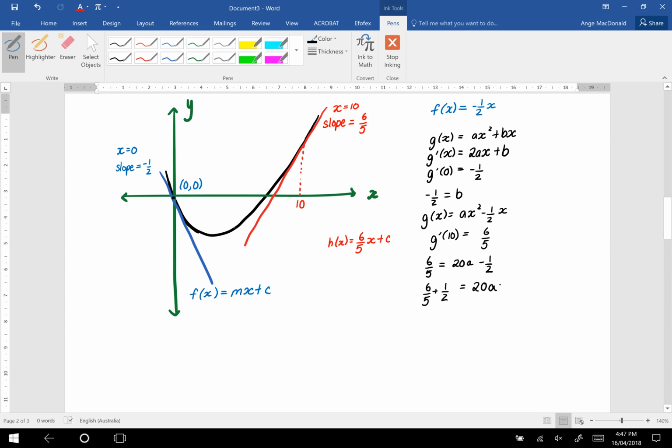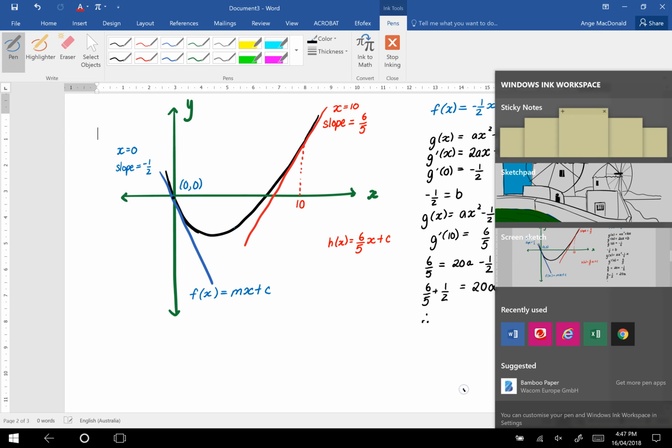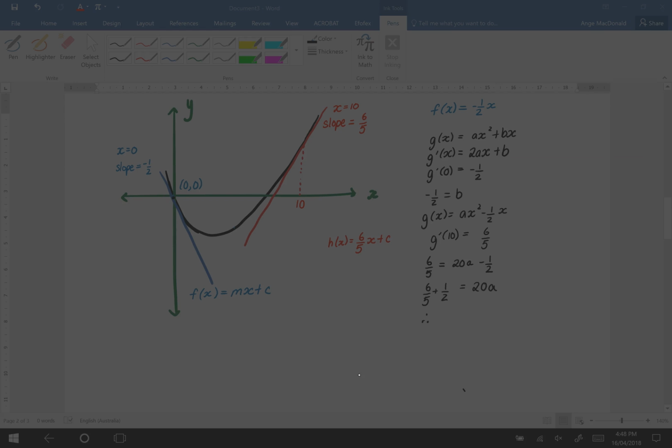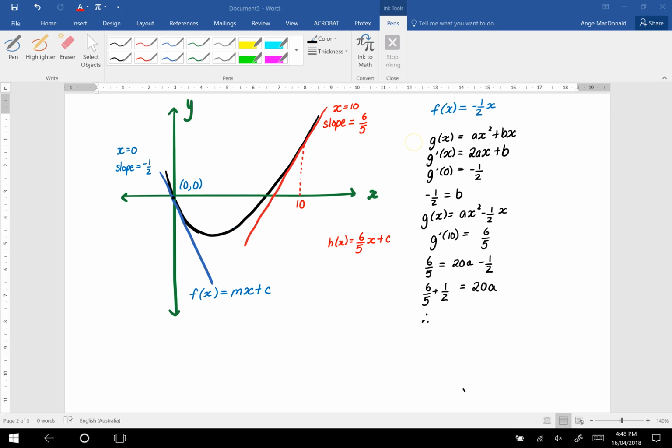So just get our trusty calculator out and work out 6/5 plus a half, and we want to divide that by 20, so we end up with a equaling, sorry about that, so a equals 17 over 200.